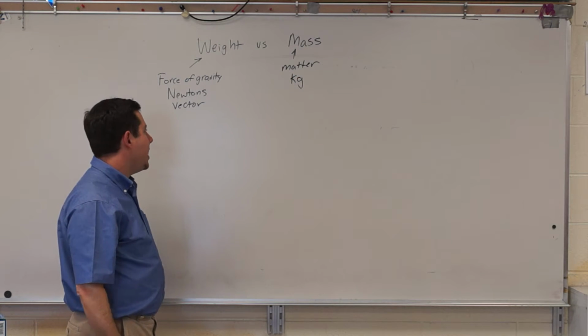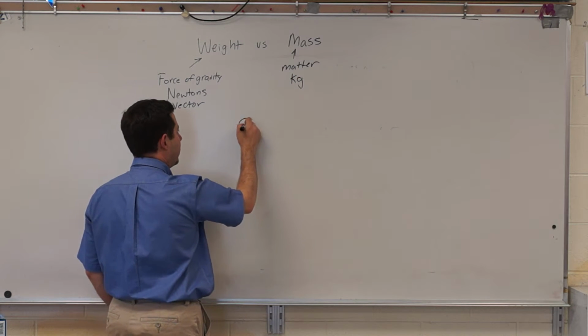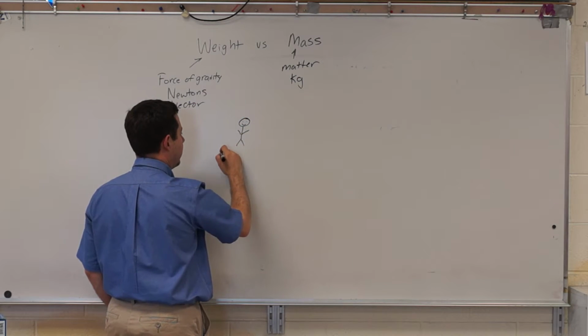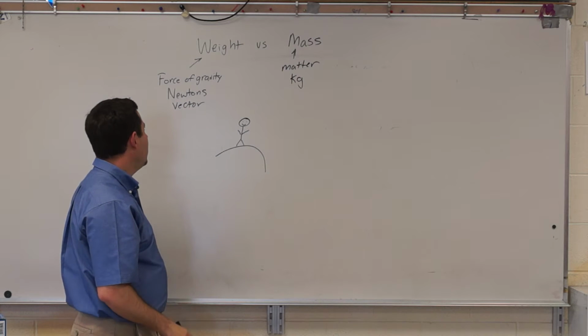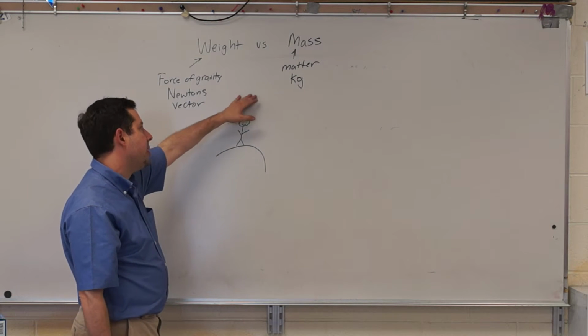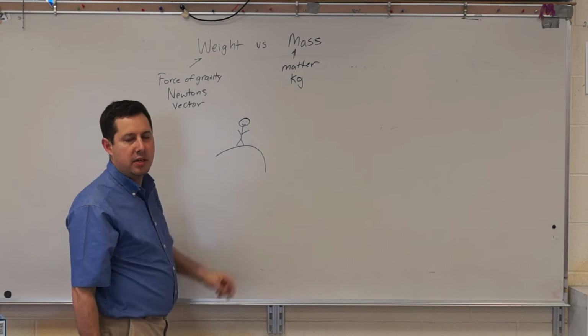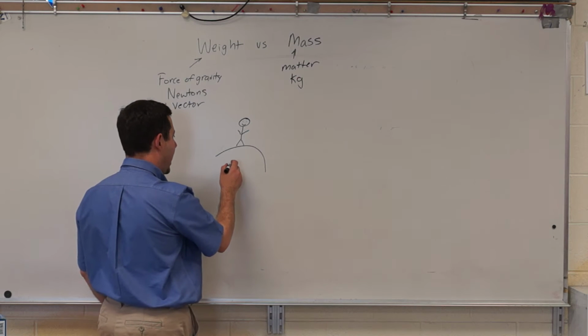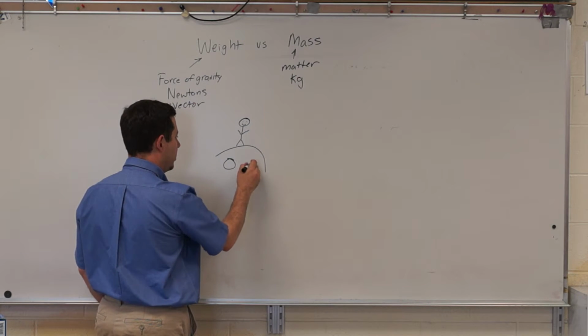And so imagine you take yourself, this is you, standing here on the Earth. You could measure that force of gravity on you. You could measure the amount of matter, and you'd have the number of newtons and the number of kilograms. And then transplant yourself instead to the moon.